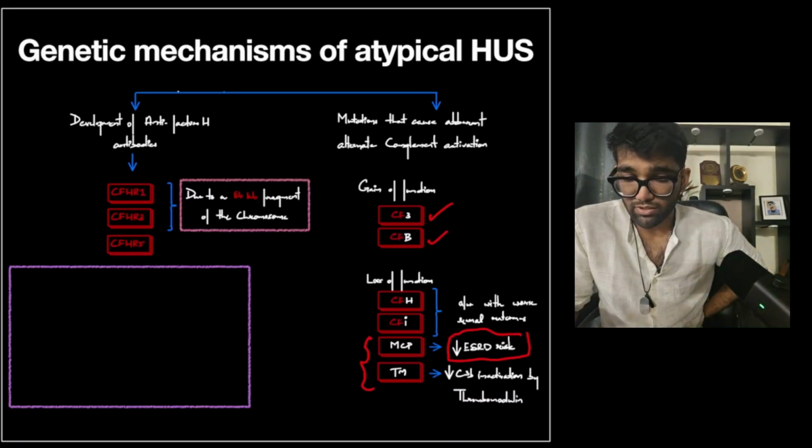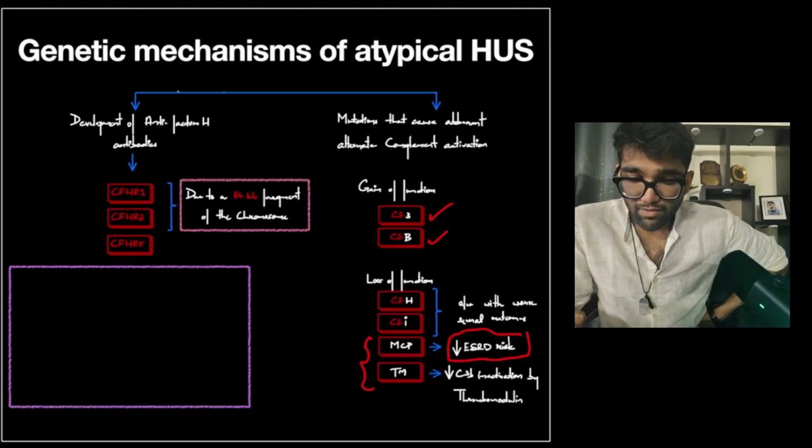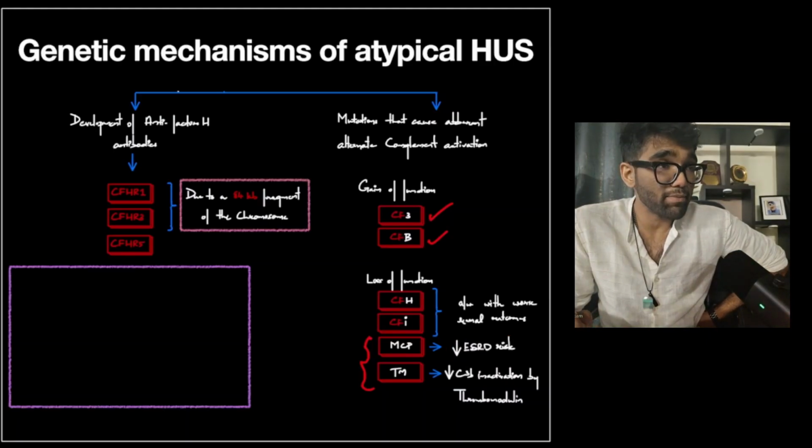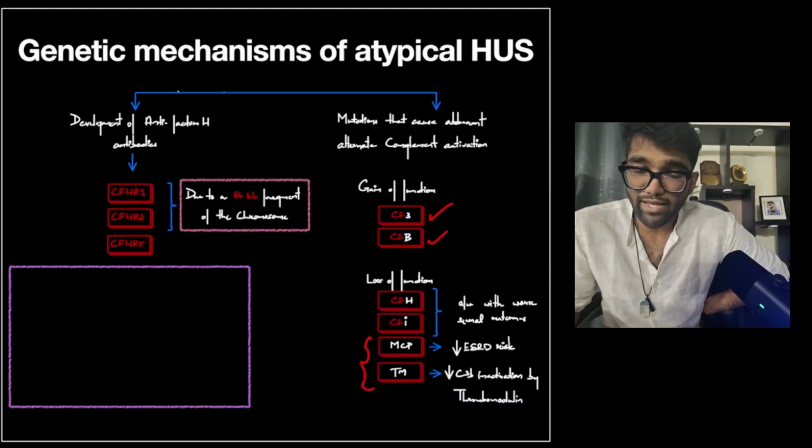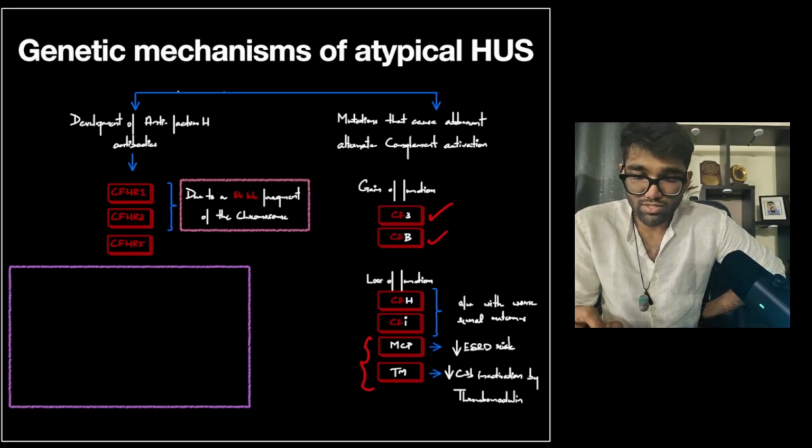The risk of renal dysfunction is lower, and your thrombomodulin, what ends up happening is that thrombomodulin is a protein that, like factor I and H, catalyzes degradation of your factor C3b. So because of that you have excessive activation of the pathway. So this is very analogous to how complement factor H and I function.